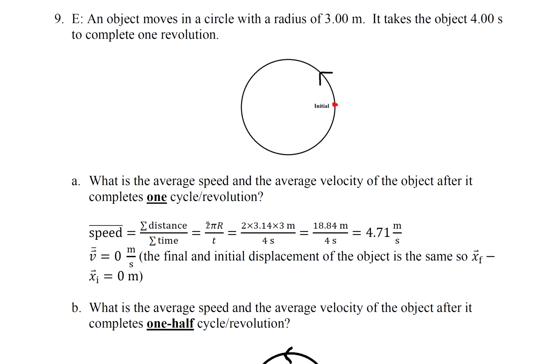So our average speed is total distance over total time, and we get a non-zero value. The average displacement is going to be 0 because our initial position and our final position is the same. So the total displacement is going to be 0.